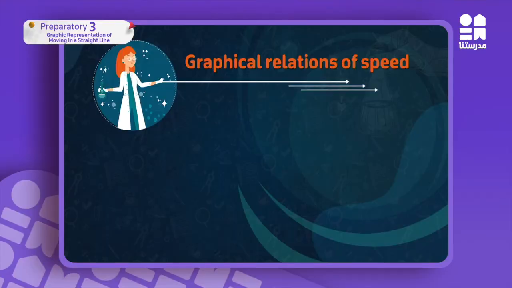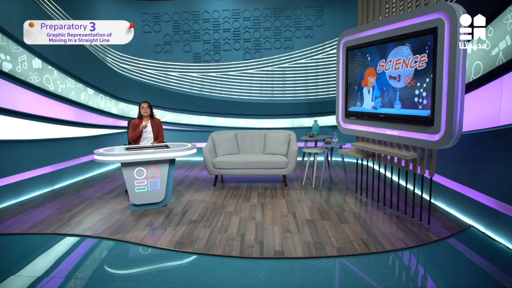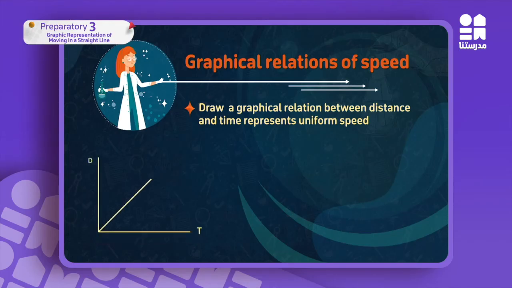طيب, the previous example was how to represent the speed time graph for the uniform speed. طيب if the graph is distance time graph, which means distance is on the vertical axis and time is on the horizontal axis, what do we do? Like this graph, D is on the vertical axis and T is on the horizontal axis.